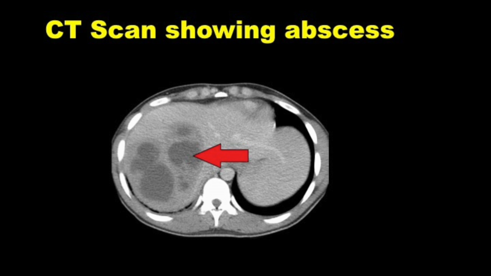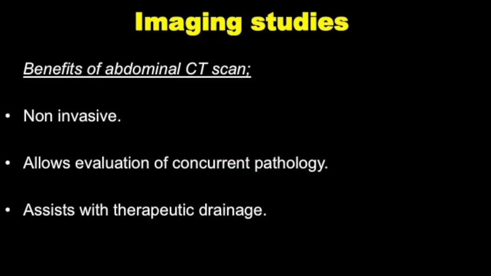So you can see it's hypodense compared to the surrounding liver parenchyma. And then the benefits of CT is that it's non-invasive. So a CT will also help us to evaluate what an ultrasound scan may miss.